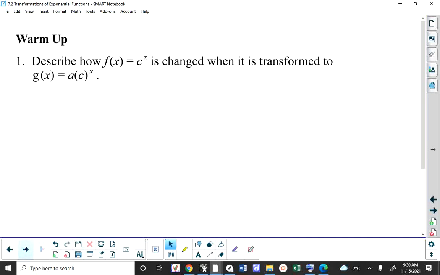So as a warm-up, how would y equals c to the x be changed if it's transformed to some number a multiplied by c to the x? And it's interesting where I put those brackets on the c. I could have put the brackets around c to the x, or I could leave it without brackets. Even if I were to write y equals a c to the x, it's implied that there's a multiplication in here, and your order of operations says you do the exponent operation first anyway.